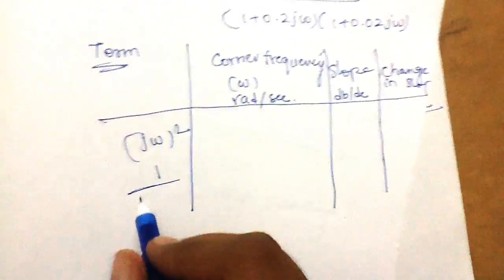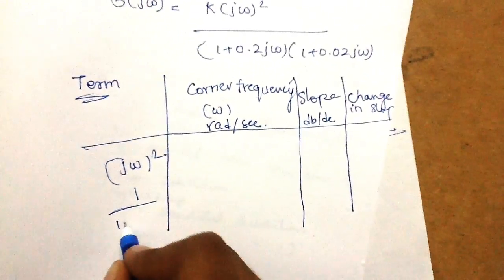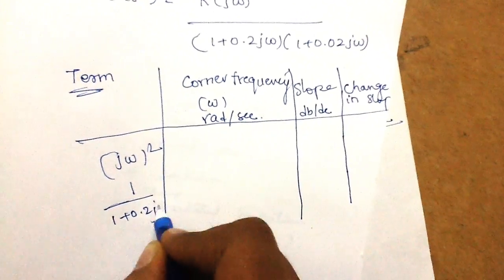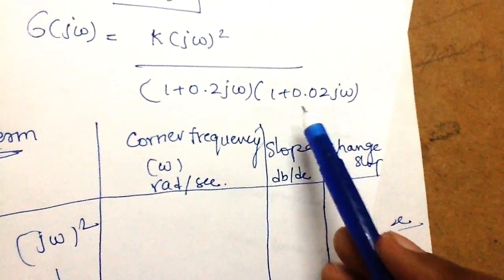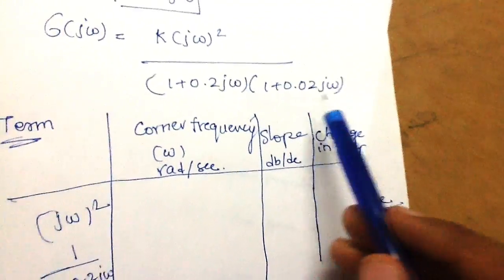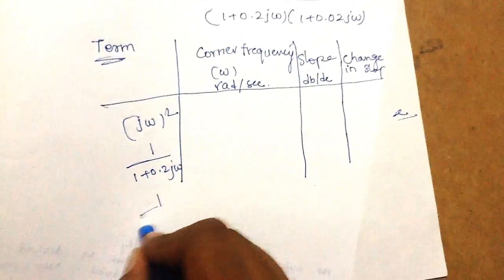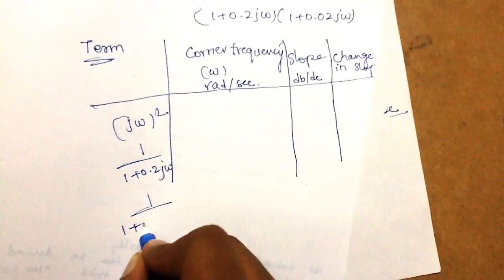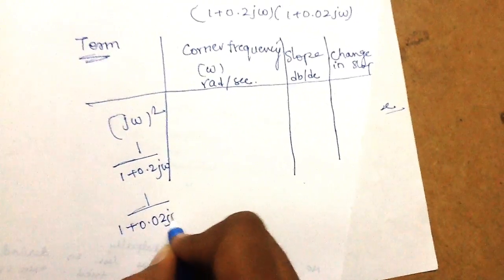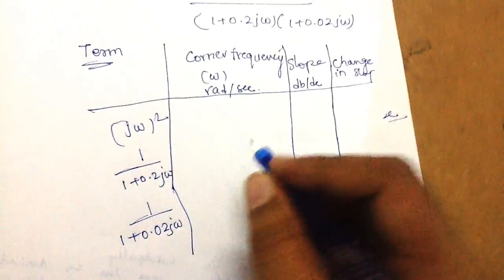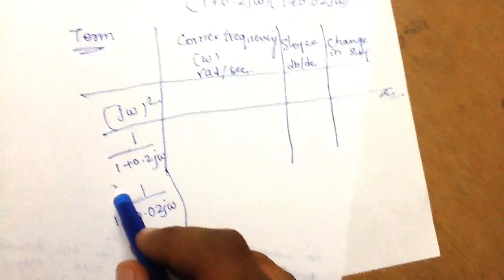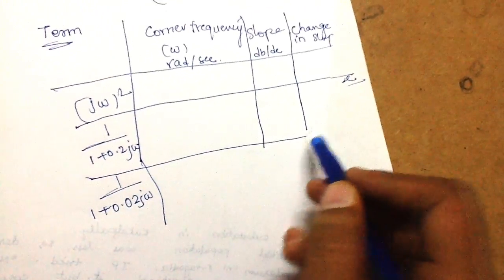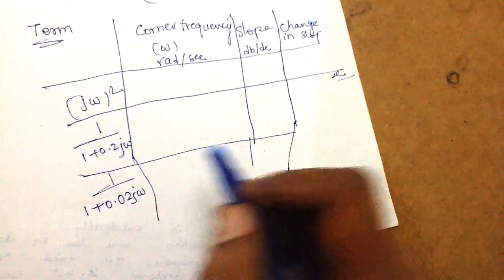It's in the denominator. Don't you forget that, it's going to change the entire plot if you forget that. And the third term we have is 1 by (1 plus 0.02 j omega). So now we need to find out the corner frequencies.